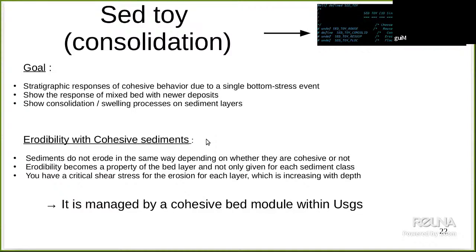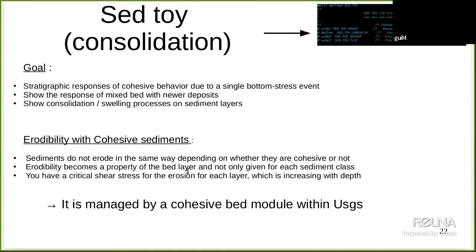The key thing is to keep in mind that sediments do not erode in the same way, depending on whether you are considering cohesive sediment or not. And as Rachid said, erodibility becomes a property of the bed layer, and you don't have erodibility for each class.